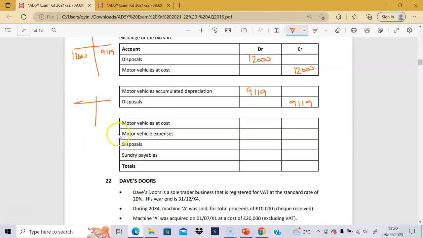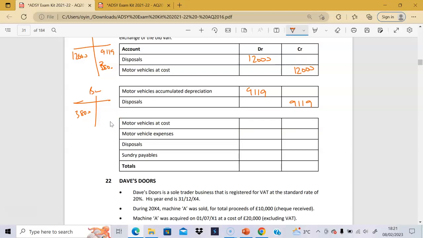So in a way, if you were selling your old car for cash, you would have gone 3,800 to bank, and then you'd have worked out some kind of gain or loss based on the difference. So this car is worth about 2,000. So 12,000 minus 9,119 is the value of this car. So that's just shy of 3 grand.